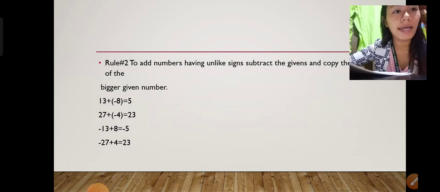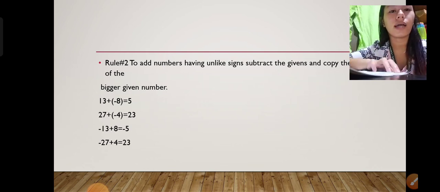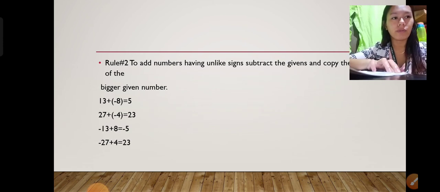Pag unlike signs daw siya, you have to subtract the two numbers, okay? Because hindi man sila magkatulad ng sign, so we subtract.